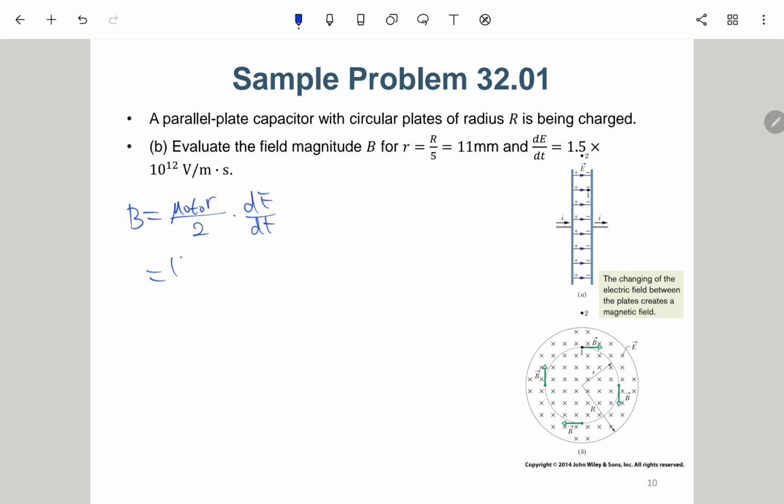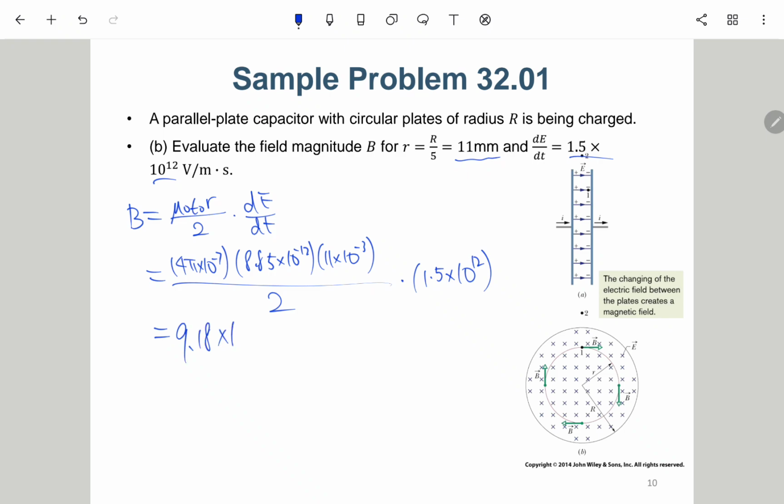Mu 0 is 4 pi times 10 to the negative 7, times 8.85 times 10 to the negative 12, and then r is 11 times 10 to the negative third power over 2, and then dE dt is this one, 1.5 times 10 to the 12th power. Okay, so this is nothing but 9.18 times 10 to the negative 8 Tesla. So this is the induced B field given these values.